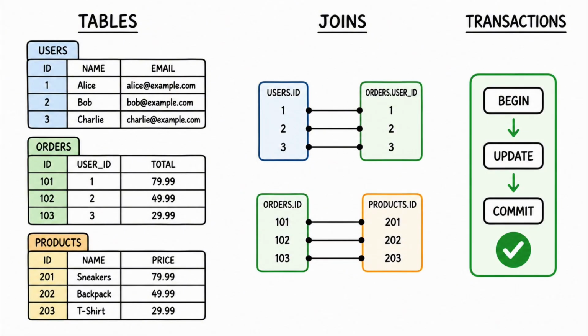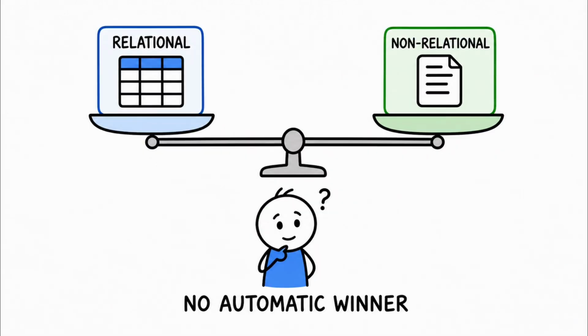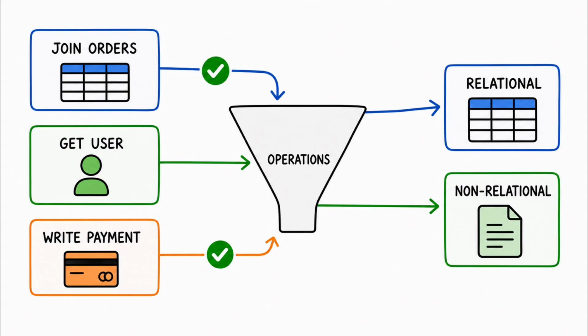Relational databases organize connected data into tables and support joins and transactions. Non-relational databases offer different models for keys, documents, columns, or graphs. Neither category is automatically more scalable or more correct. The useful question is which model serves the application's actual operations.